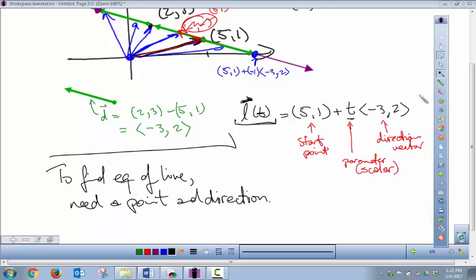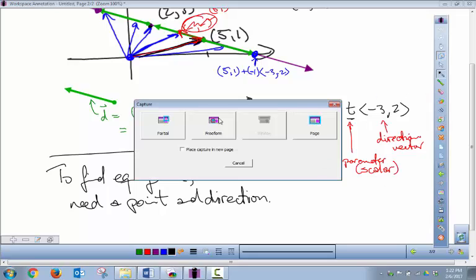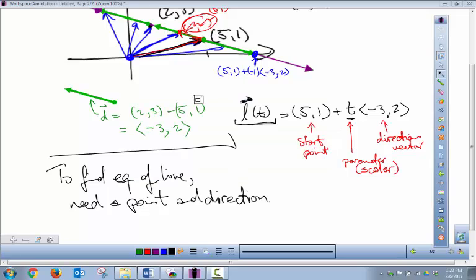So let's take a look at this equation that we got. We're going to continue to study this equation a little bit.